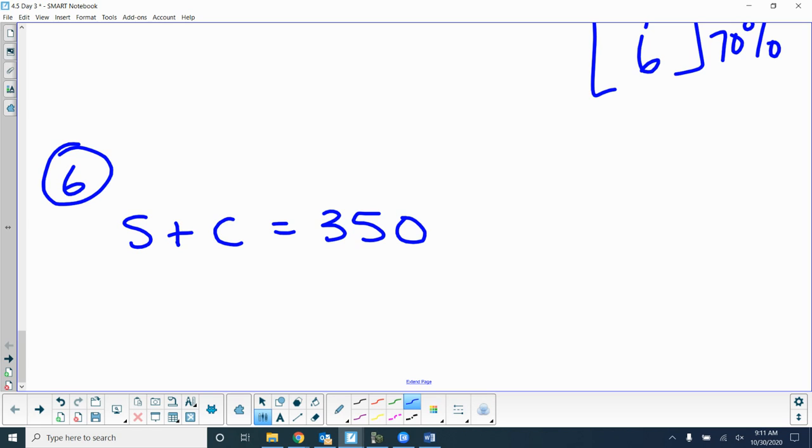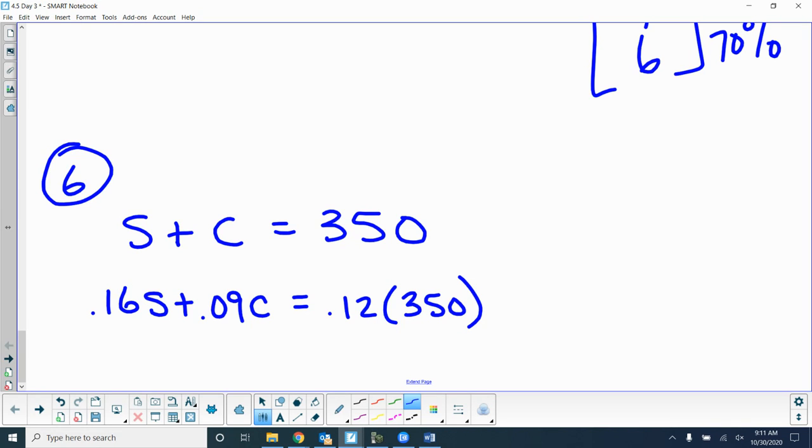And then the soybean was 16% protein, and the cornmeal was 9%, so 0.09. And it would be equal to 0.12 times 350. That's again a mixture, you've got to multiply those two together. So that's how you set that one up.